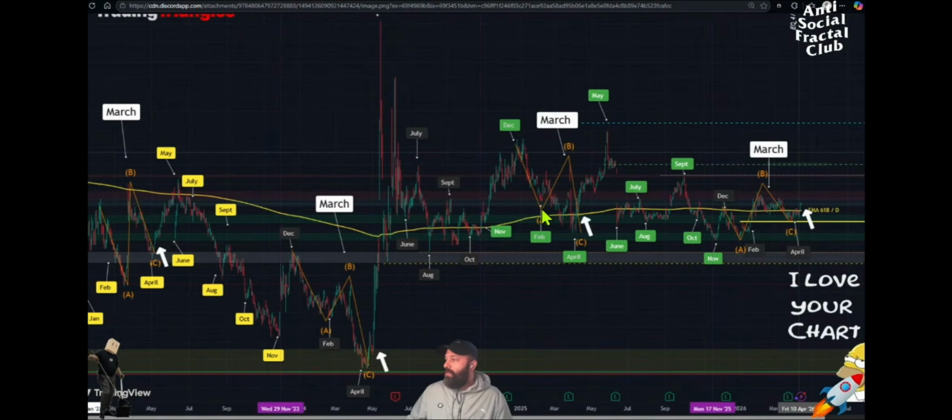Your February was a lower low, right? What classifies a downtrend? Lower highs, lower lows. The only iteration, again, here's 2024, again, lower highs and lower lows. The only iteration that did not follow that was 2023, in which we had higher lows and higher highs.